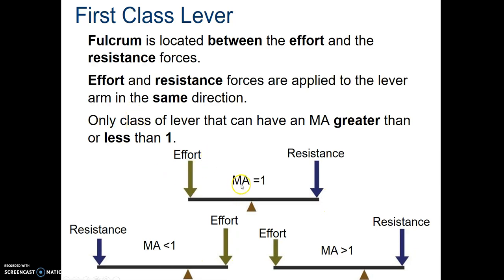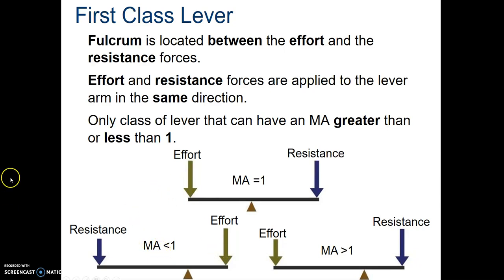So when do you have a mechanical advantage equal to 1? Well, mechanical advantage equals 1 when your IMA equals your AMA. Why? Because your force divided by force would equal 1, and your distance divided by distance would equal 1. So what happens when your mechanical advantage is less than 1?